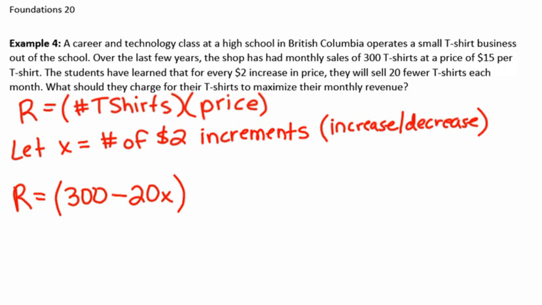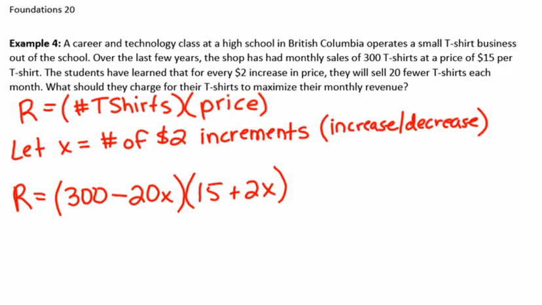That's how it's affected. And then our price is a set 15, plus we're going to be adding on $2 however many times we decide to do that. So that's why our x is the number of $2 changes that we make, not the amount of money we make when we increase or not. We're just letting that be the number of times we make that $2 change.